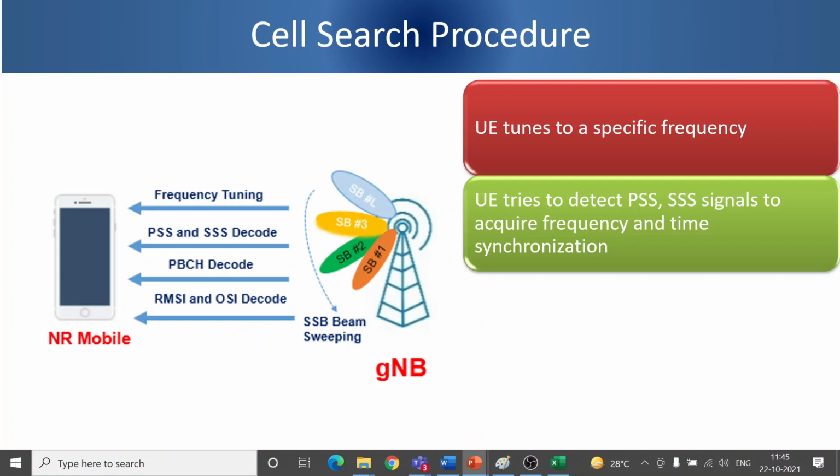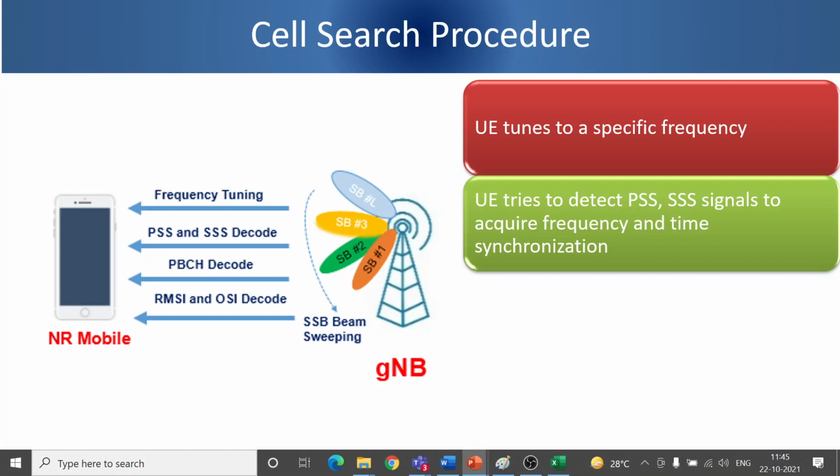So besides PSS and SSS, you also have a broadcast channel, the physical broadcast channel PBCH, which will give you certain information required for this synchronization, which we will talk about. As of now, just understand it is a physical broadcast channel which your user equipment will decode, and it will get some more information about the system.